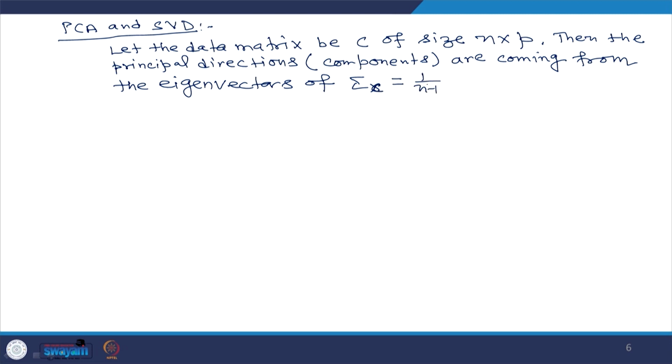Sometimes we can write 1 upon n also, but in variance generally we write 1 upon n minus 1, C transpose into C, which is a p by p matrix.